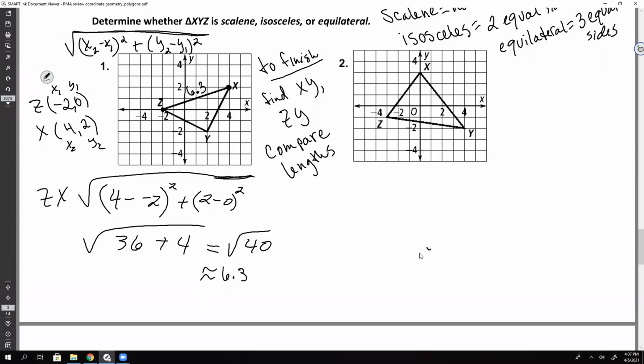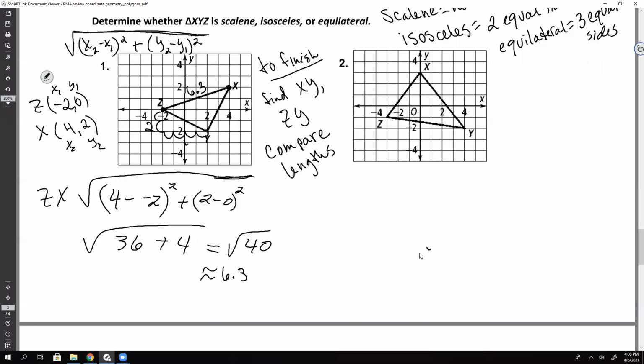Okay, now a refresher. If you're not crazy about the distance formula and they're not requiring you to use it on your assignment, what you can always do is the slope for the lines here, and you'll see if they have the same lengths on their triangles. So look at this one, zy. I go down 2, and I go over 1, 2, 3, 4, right?